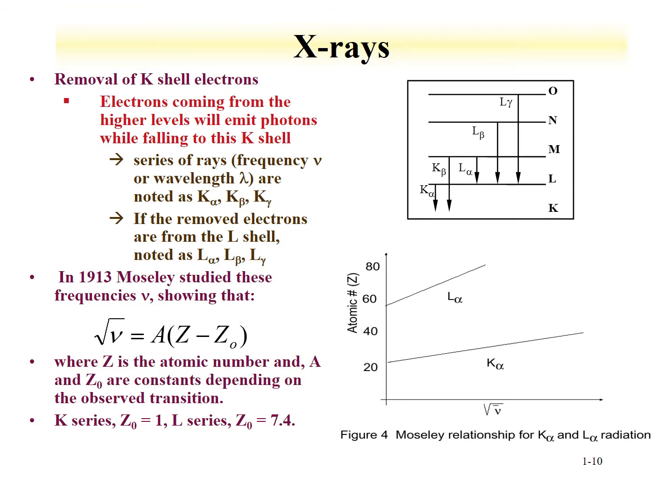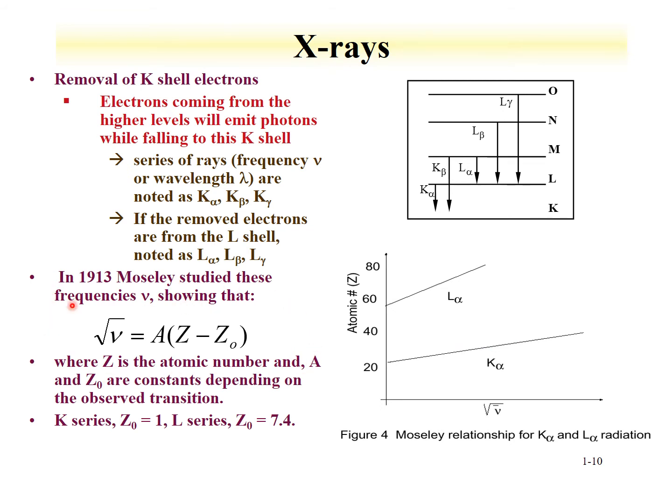And as shown here, one can remove, for example, a K orbital. The electrons that go down to fill those K orbitals can be defined by the transitions. The energy, shown here as the square root of the frequencies as a function of atomic number, is shown to have a relationship.